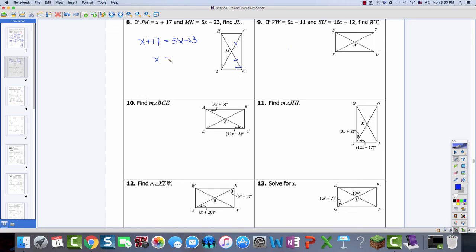And you should have x equals 10. Now, in order to find JL, for now I can only find half of JL, which is JM, because JM is x plus 17, or 27. And JL, obviously, is just twice as long at 54.